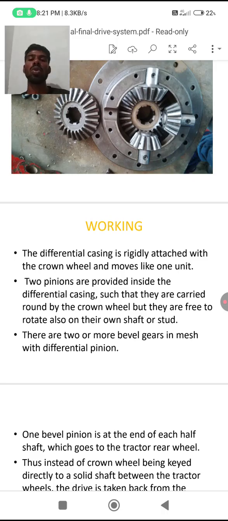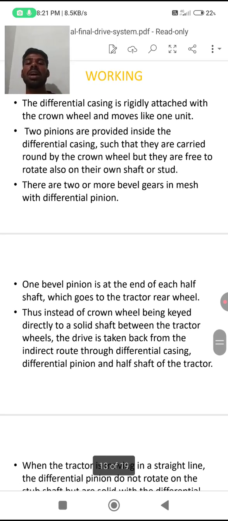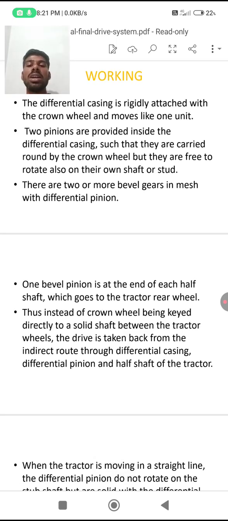There are two more bevel gears in mesh with the differential pinions. One bevel gear is at the end of each shaft, which goes to the tractor rear wheels. Thus, instead of the crown wheel being geared directly to a solid shaft between the tractor wheels, the drive is taken indirectly through the differential casing, differential pinions and half shafts of the tractor.